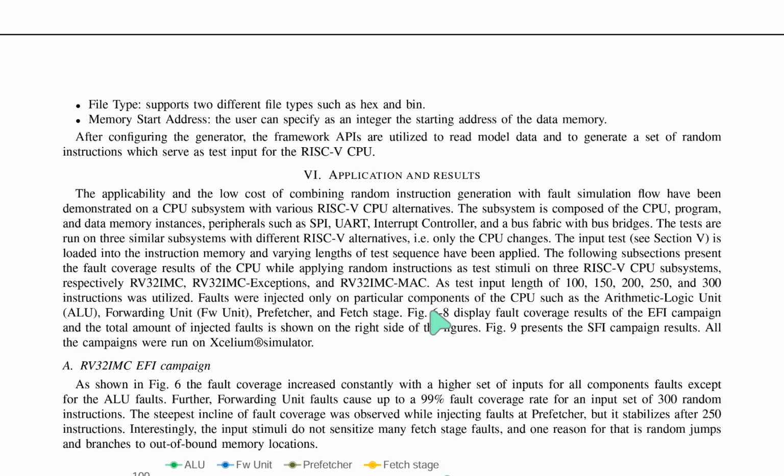Figures 6 to 8 display the fault coverage ledger of the EFI campaign, and the total amount of injected faults is shown on the right side of the figure. Figure 9 presents the SFI campaign ledger, as all the campaigns were run on the Xcelium simulator.